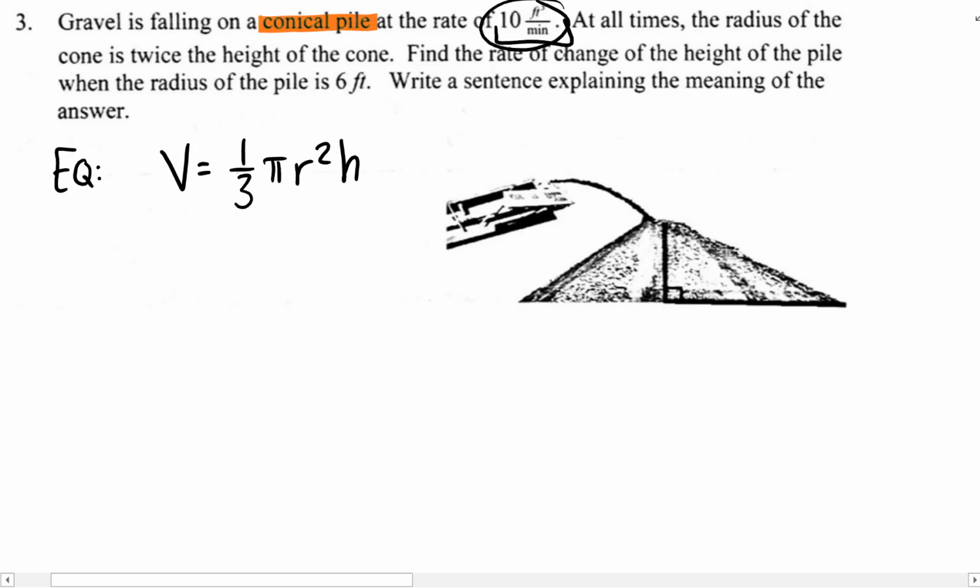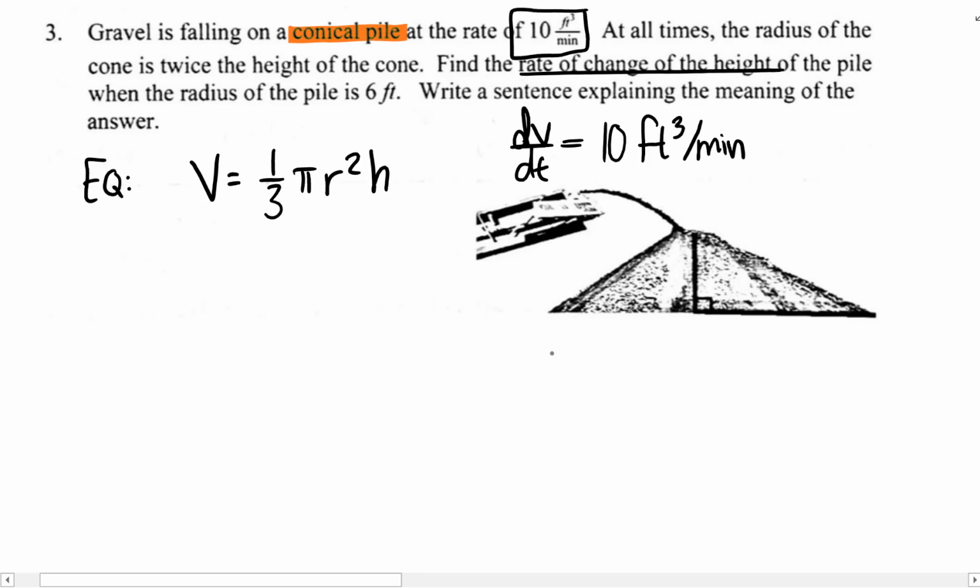How else could you tell that this is the rate of change for the volume rather than the height? The units. This is 10 feet cubed per minute, giving you the rate of change of the volume because the units are cubed. Find the rate of change of the height of the pile when the radius of the pile is 6 feet. R is 6.